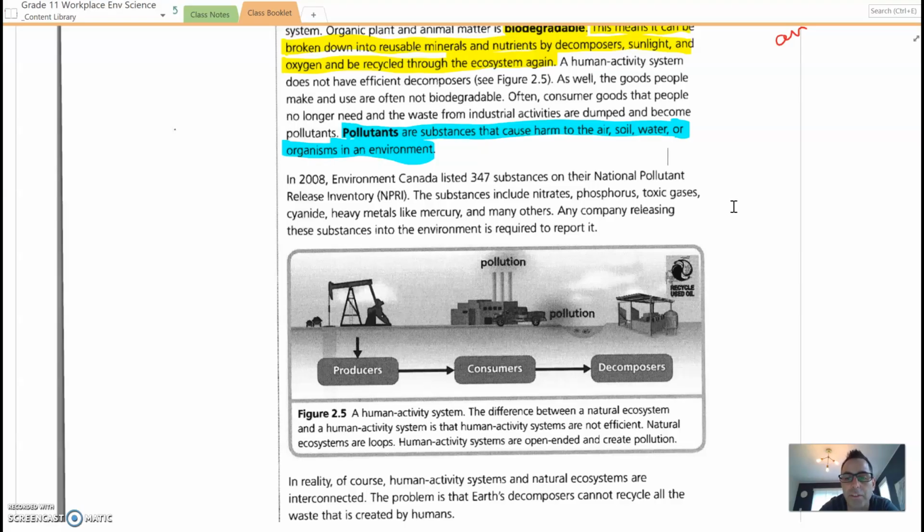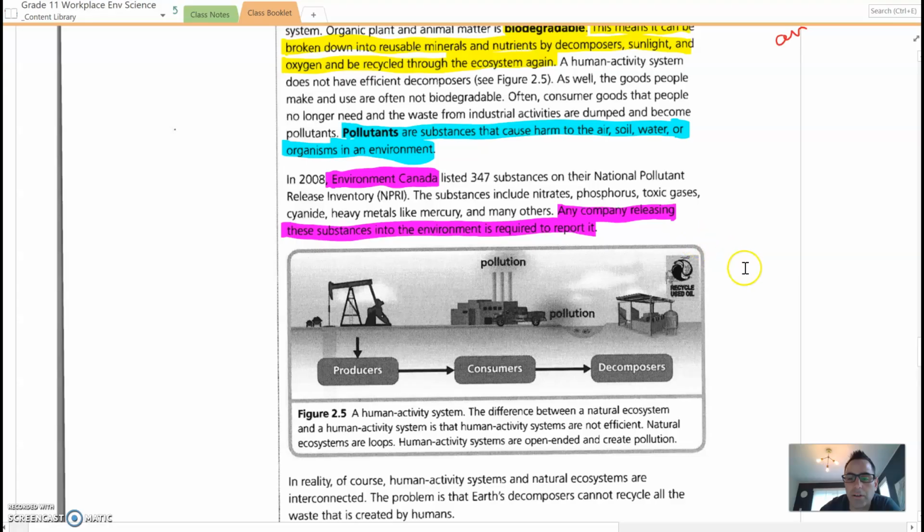The substances include nitrates, phosphorus, toxic acids, cyanide, heavy metals like mercury, and many others. Any company releasing these substances into the environment is required to report it. That's really important. So any company releasing substances into the environment is required to report it to Environment Canada. All right, so they're a government body, and that's really important to know, that government takes steps to keep us safe.